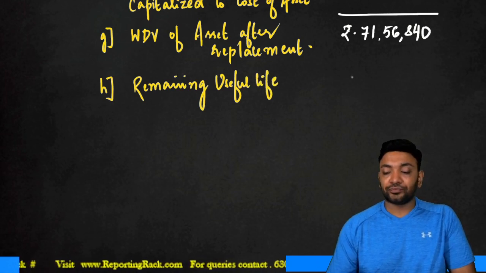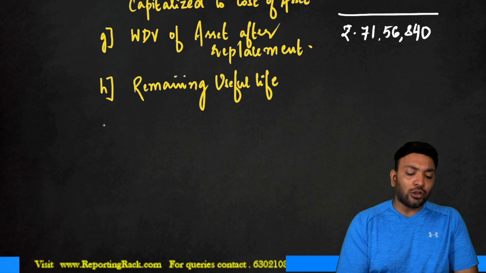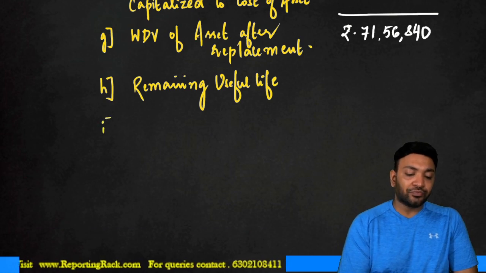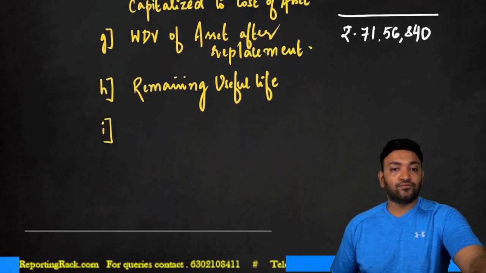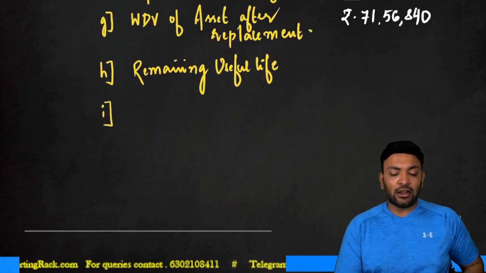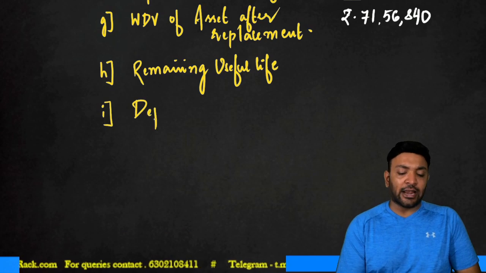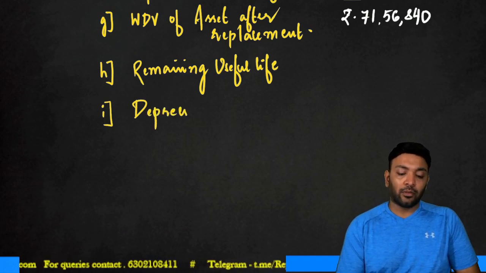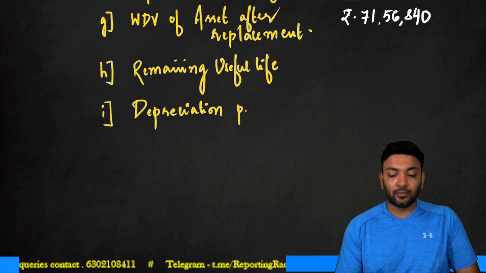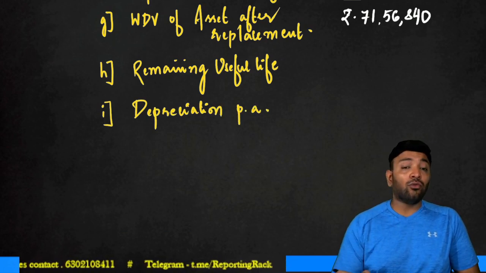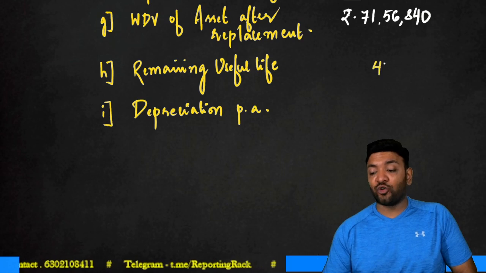Based on which we can calculate what is the depreciation per annum. Remaining useful life is 4 years.